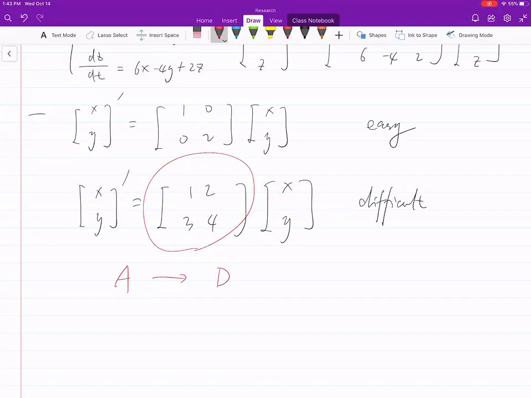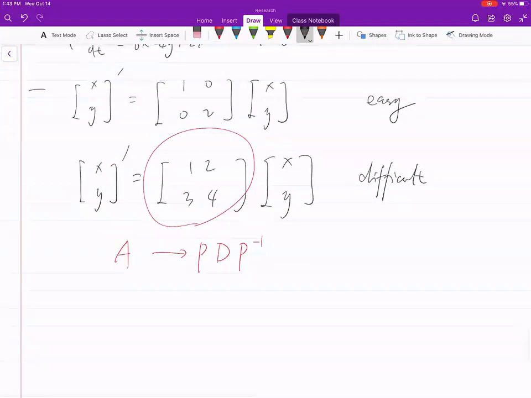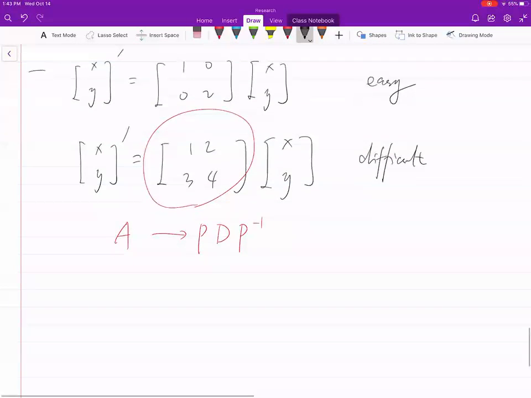Even if you see some matrix which is not diagonal, what can you do? You diagonalize it, right? That's the P, P inverse. Depending on how your teacher goes, some people go with P inverse D P, whatever. You can diagonalize a system. That means after the transformation, you are just solving a diagonal system. That's beautiful.